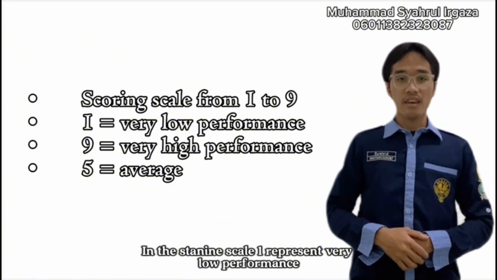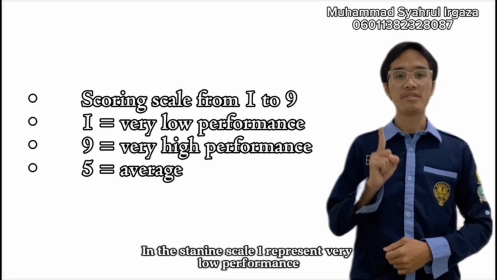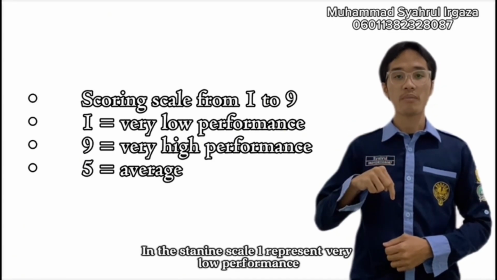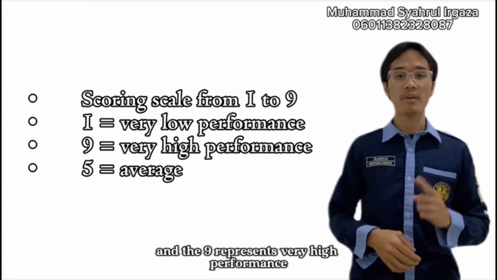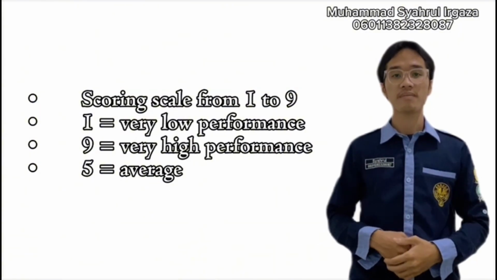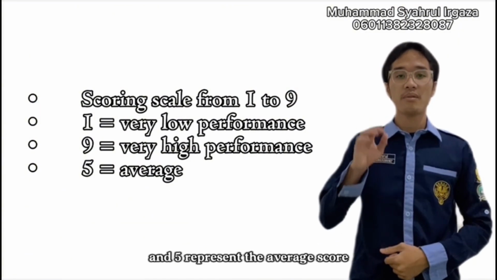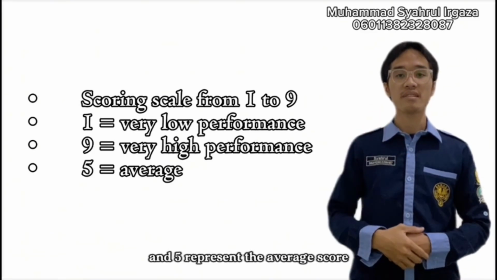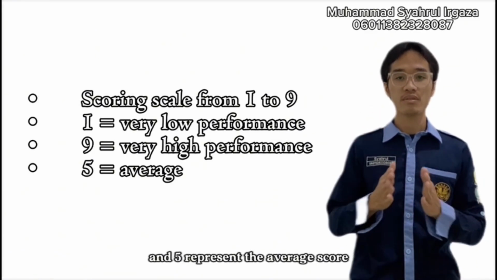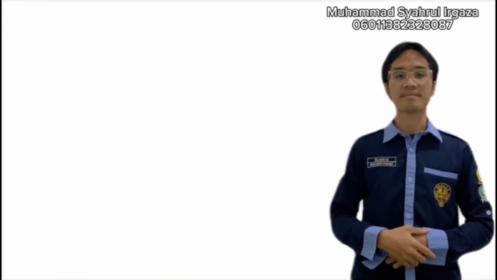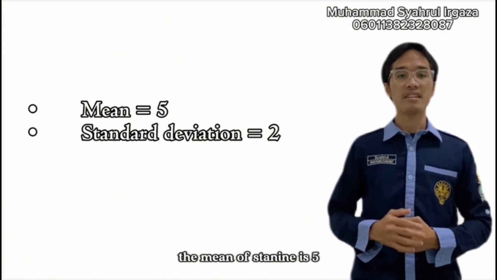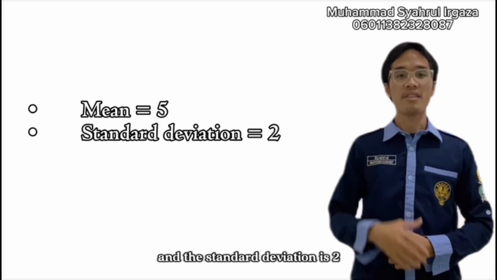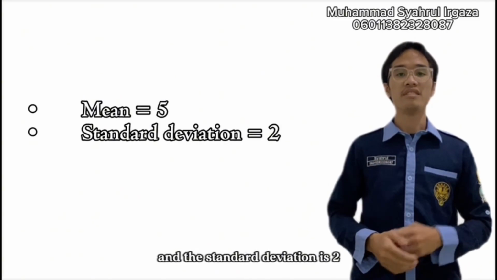In the stanine scale, 1 represents very low performance, 9 represents very high performance, and 5 represents the average score. The mean of stanine is 5 and the standard deviation is 2.